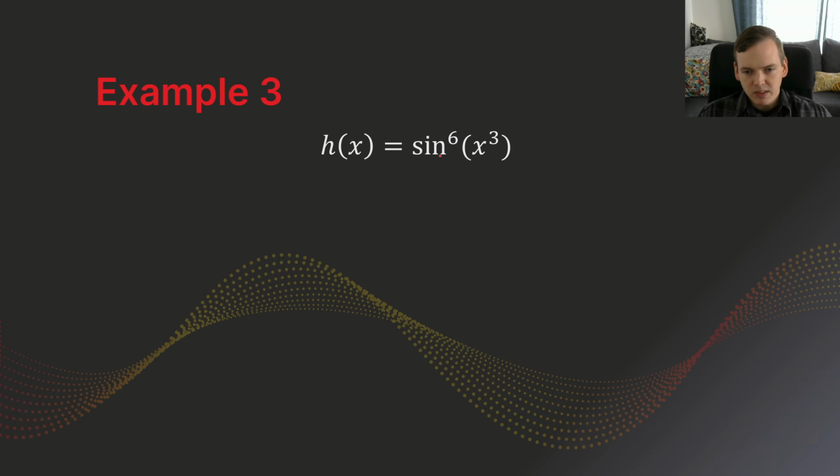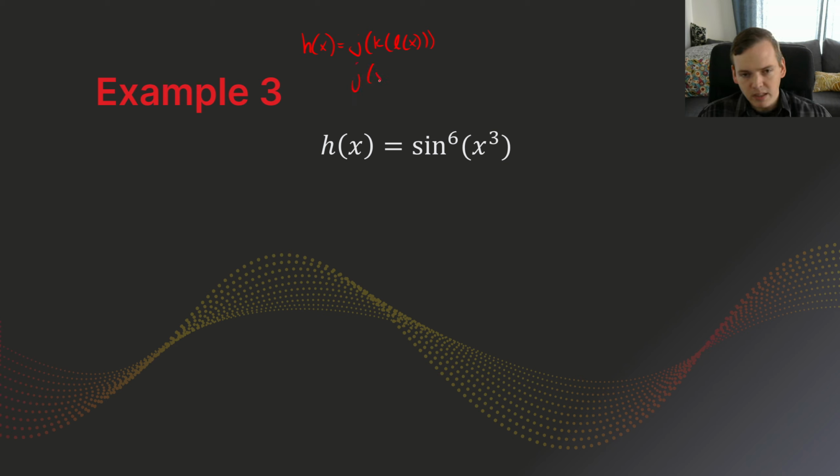Derivative of sine to the 6th of x cubed. And this one you'll notice is a bit more complex because this is kind of like, I'm going to use some different variables here, j of k of L of x, because we've got 3 functions nested here.